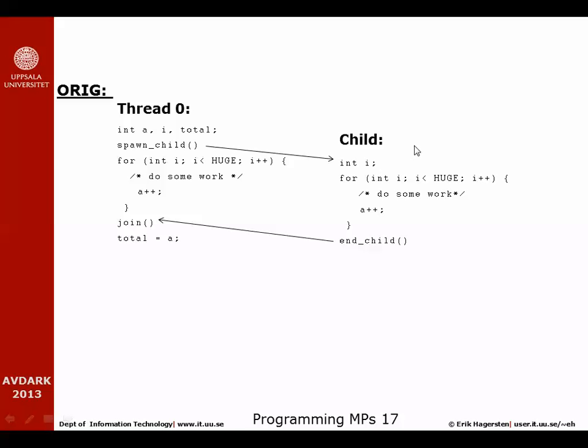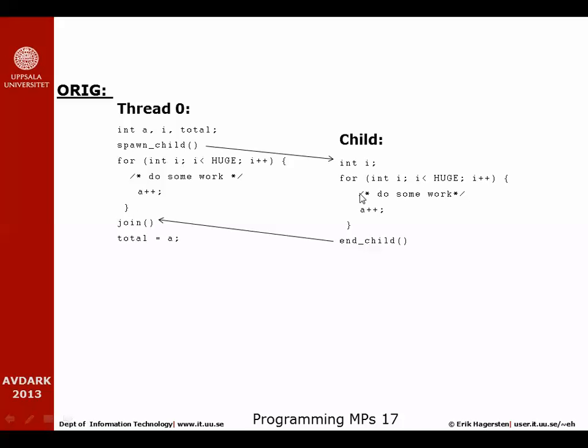So looking at this code, we can see that while it's going to be executed correctly, it's going to create lots and lots of traffic. And the kind of traffic that will be generated is due to this increment of the variable A. Each time you increment the global variable A, which assumes it's been declared volatile, you will create lots of traffic in the coherence protocol, because you need to put this cache line into state modified, and the way to do that is to invalidate all the other caches.